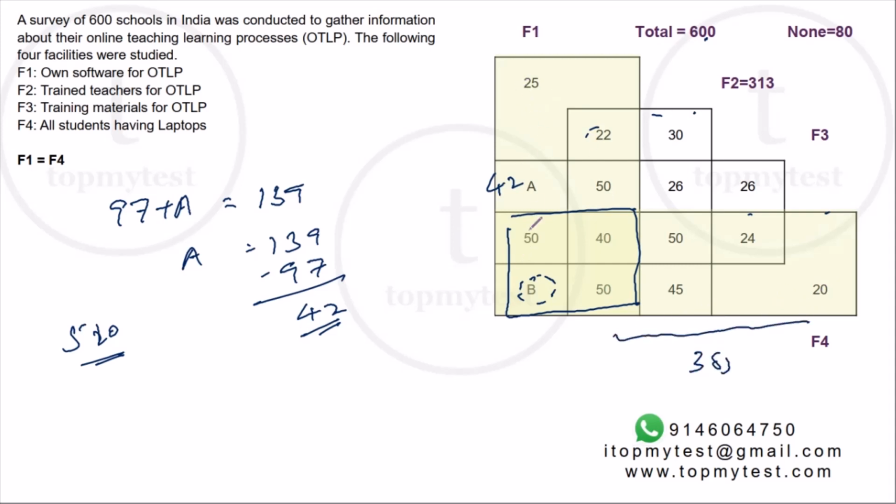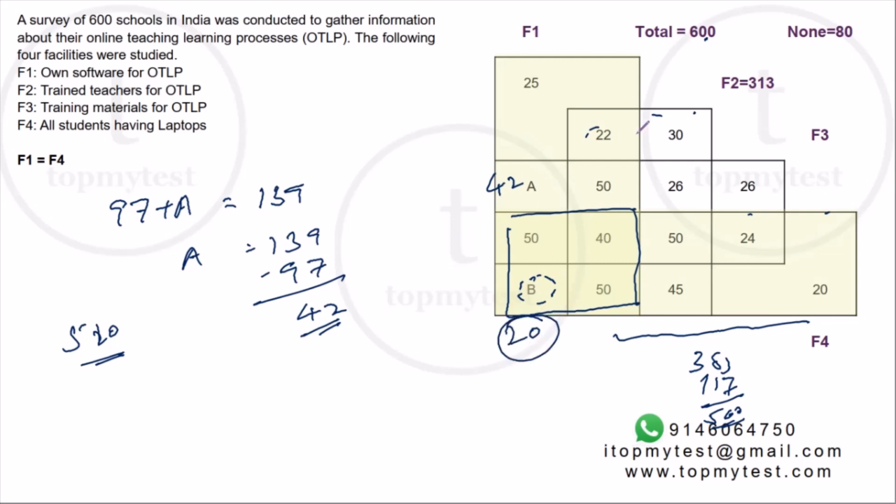Now, how much is this total? 50 plus 42 is 92, plus 25 is 117. So this adds up to 500, which means the balance B should be equal to 20.